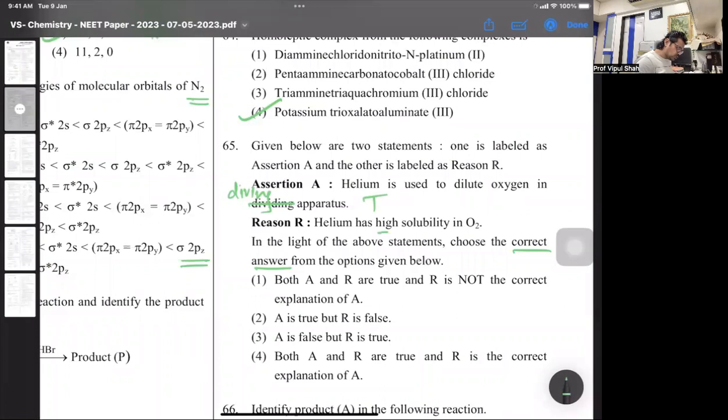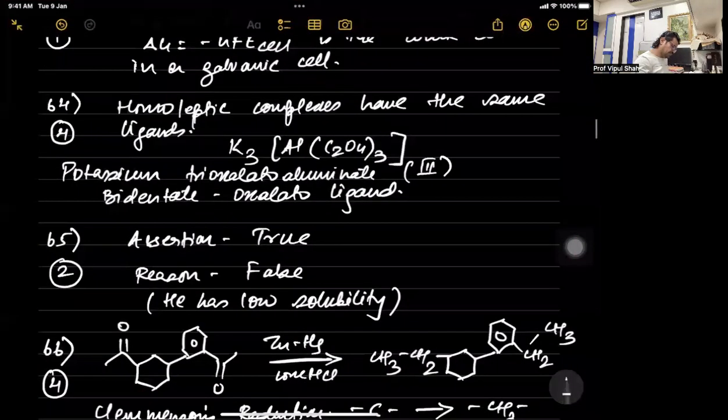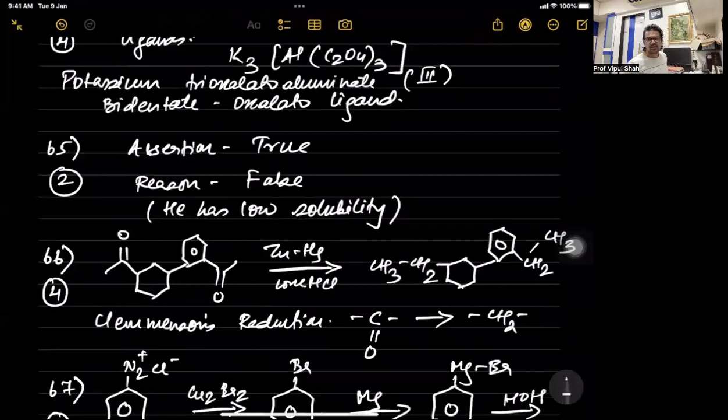No, it's not highly soluble. It has, in fact, low solubility in blood. That's why it prevents nitrogen from entering the bloodstream. So here, if you see, the answer will be the second one, that the assertion is true, but the reason is false. So look at this, the 65th one. Yeah, it has low solubility.